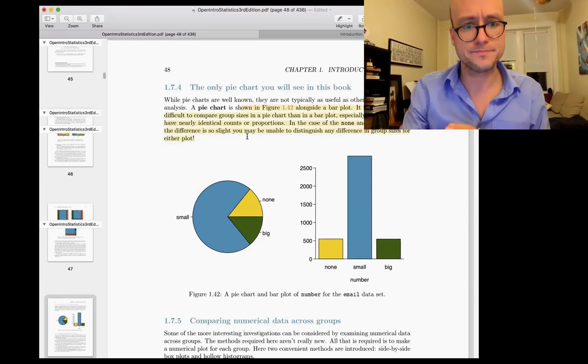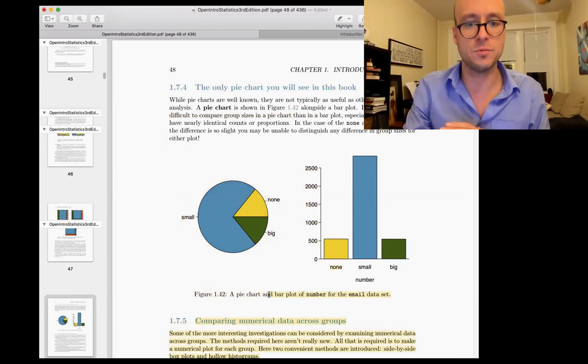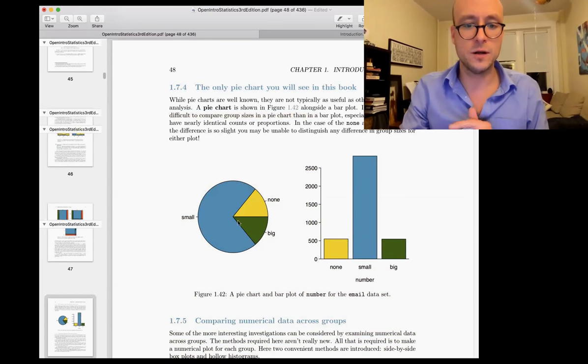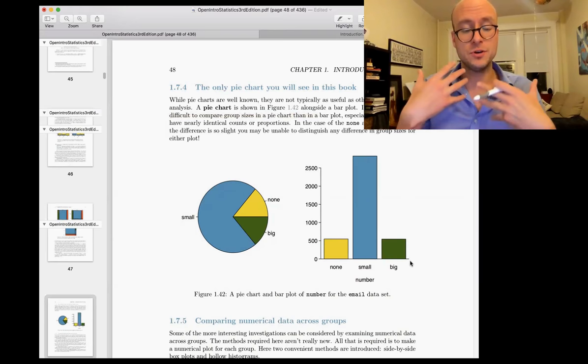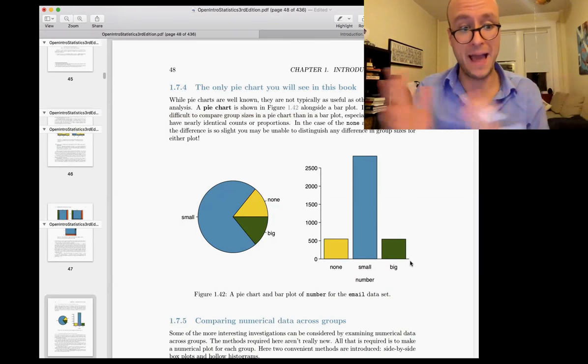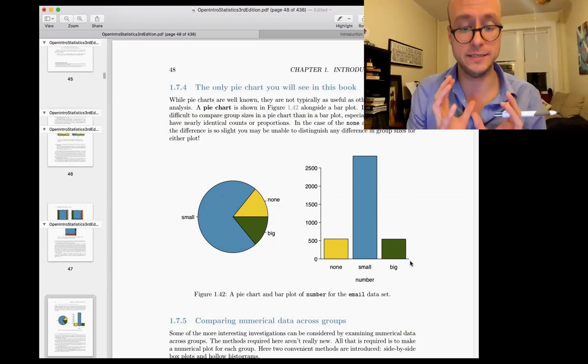But basically, as they say, it is generally more difficult to compare group sizes in a pie chart than a bar chart, especially when categories have nearly identical counts or proportions. Well, these two are identical. But what it really does is it masks this great magnitude of this blue category right here. And that's the advantage here. You can look at magnitudes much more easily.